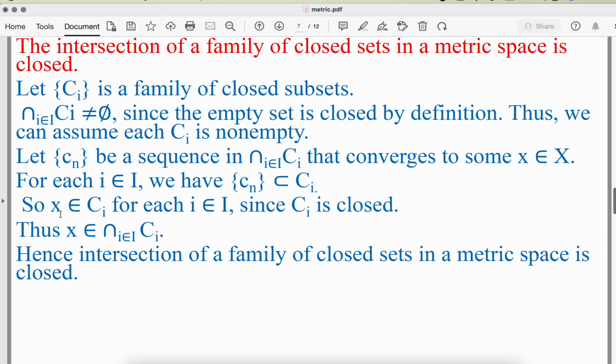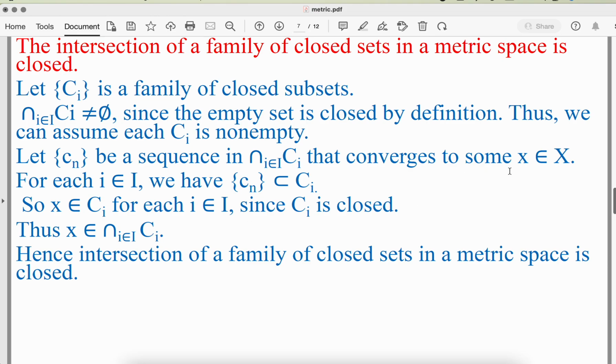So it means x belongs to C_i, because we are given that this C_i is closed. So it means x belongs to C_i for each i belonging to I, because we are given that C_i is a family of closed subsets. So C_1, C_2, C_3, which are members of this family, are closed. If the members are closed, it means each contains its limit point.